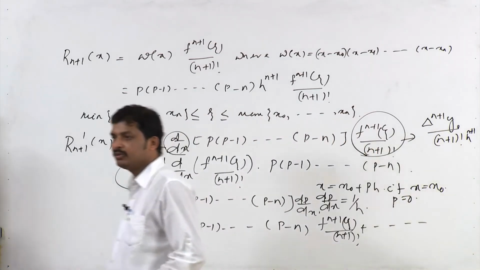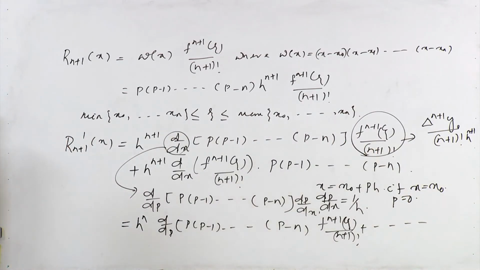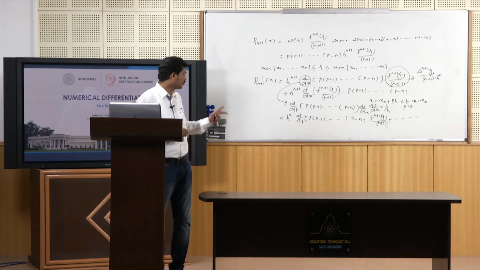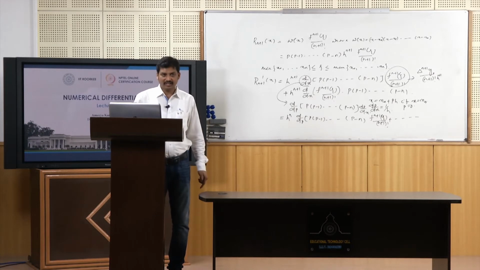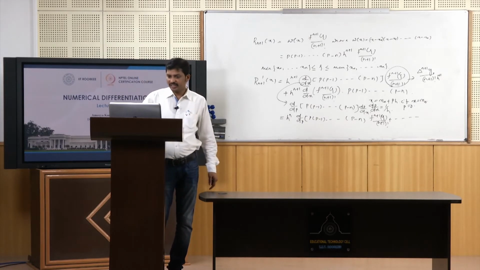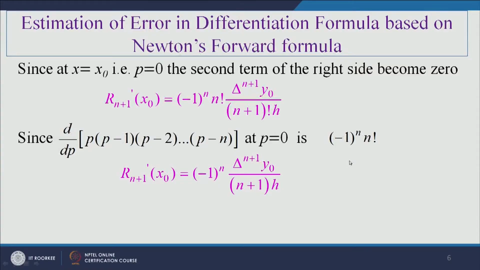and at that point we can write this error term's differentiation, that is R n plus 1 dash of x0, as minus 1 whole to the power n factorial del to the power n plus 1 y0 by n plus 1 factorial h. Since if you see this expansion, d by dp of p into p minus 1 up to p minus n at p equals 0 is nothing but minus 1 whole to the power n factorial.